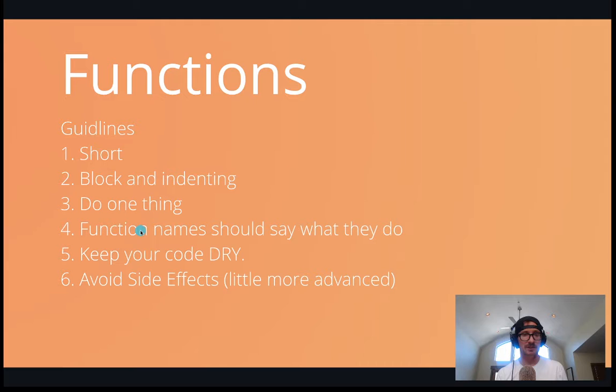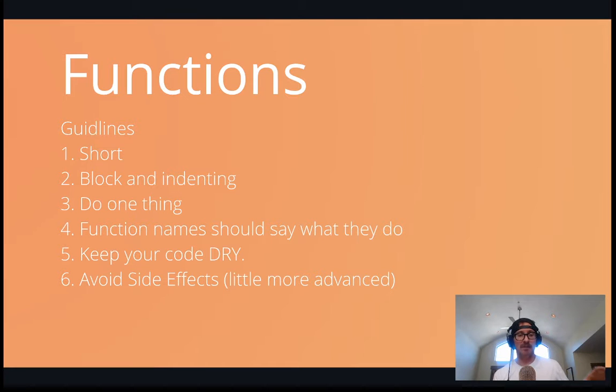Function names should say what they do. Just like with variables, we need to be good at naming our functions, because this is going to come down to our code being readable. Functions are going to help keep our code DRY. This DRY acronym stands for do not repeat yourself.